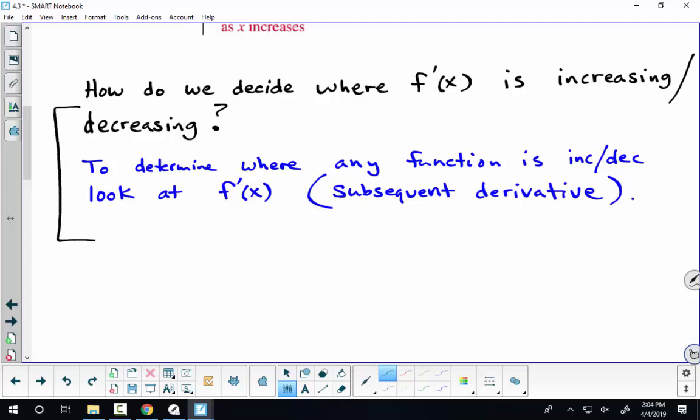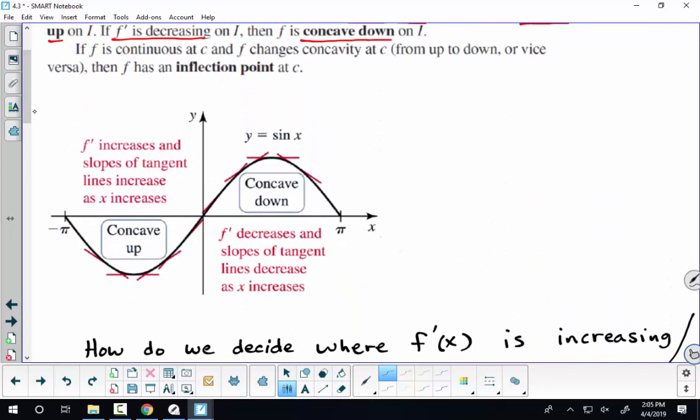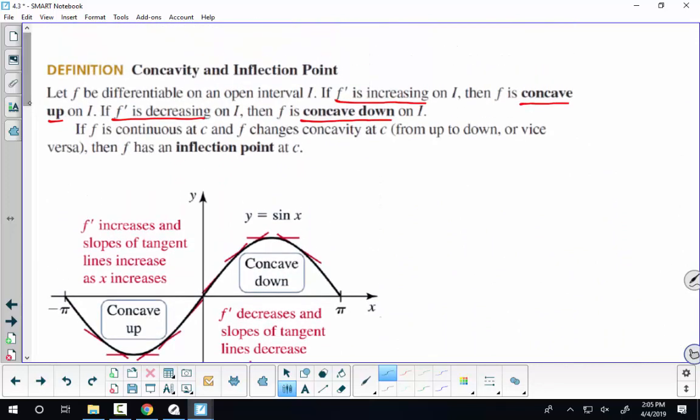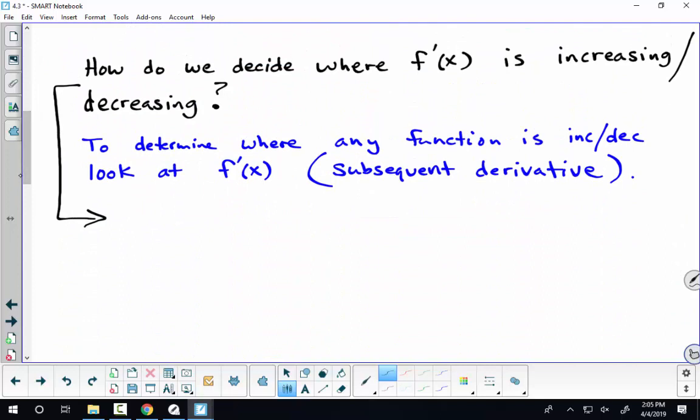Specifically, that means, like we said, for us to determine where f prime is increasing and decreasing, going back up to the definition, when f prime is increasing, what does that mean about the original function? If f prime is increasing, then f is concave up. So what we're saying is, how do we decide where f prime is increasing or decreasing?